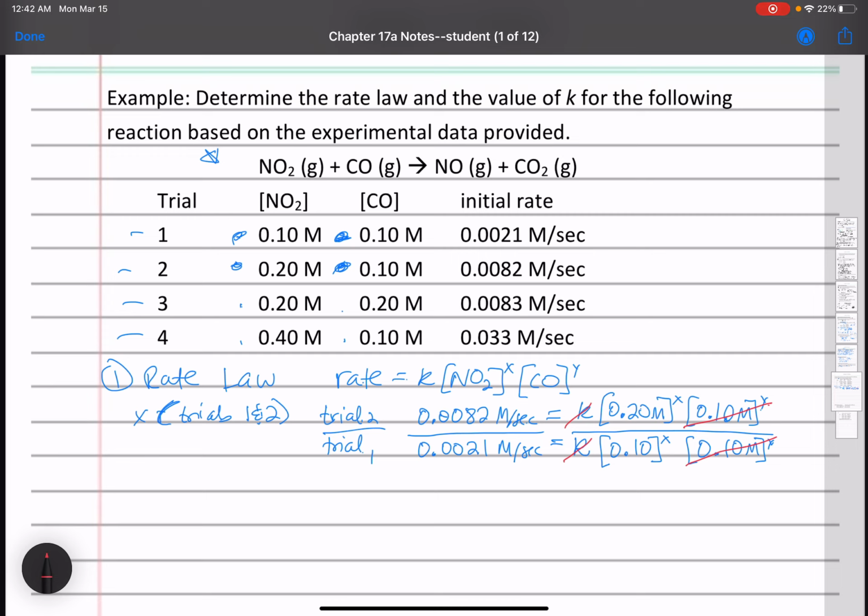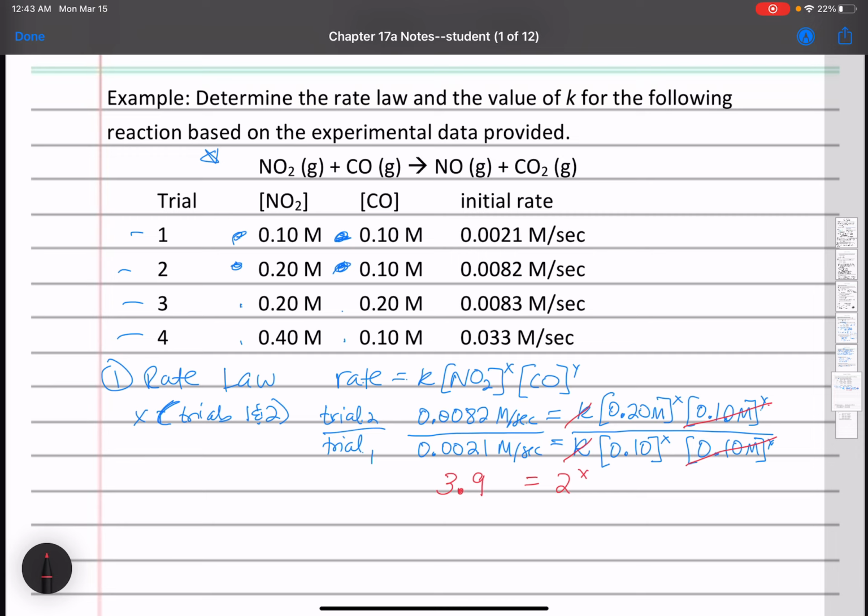So 0.0082 divided by 0.0021 comes out to be 3.9. And 0.2 to the x power divided by 0.1 to the x power is 2 to the x power.